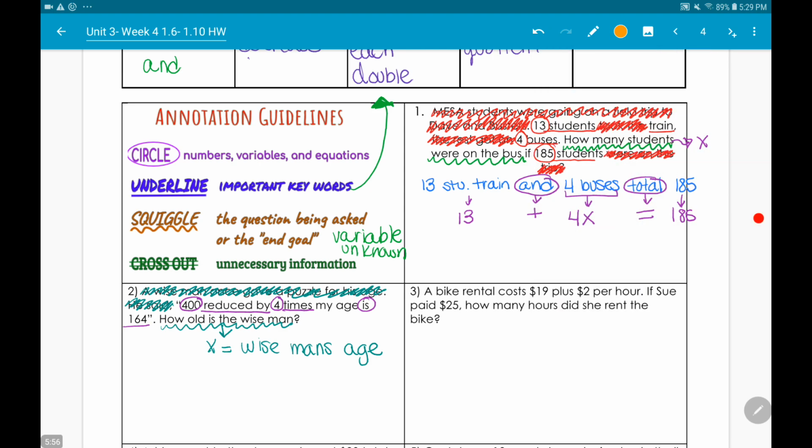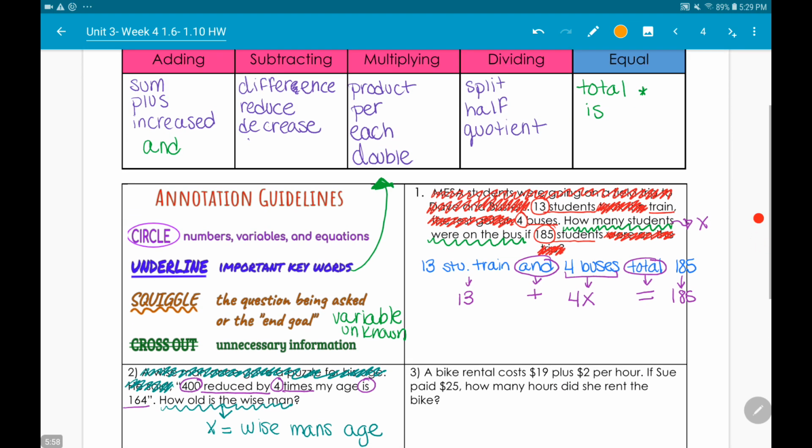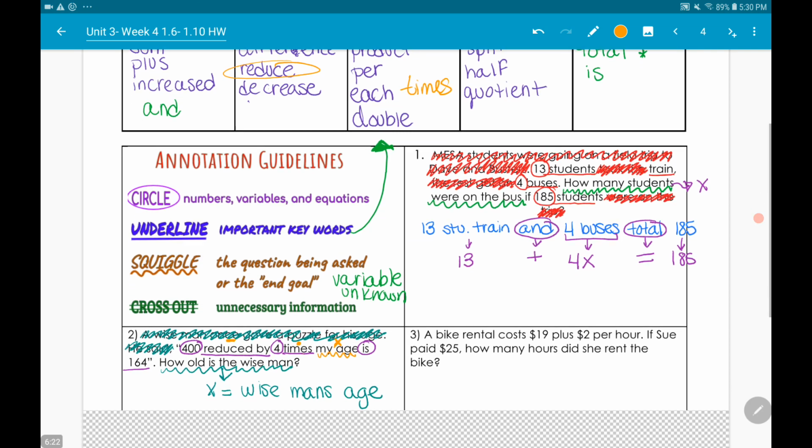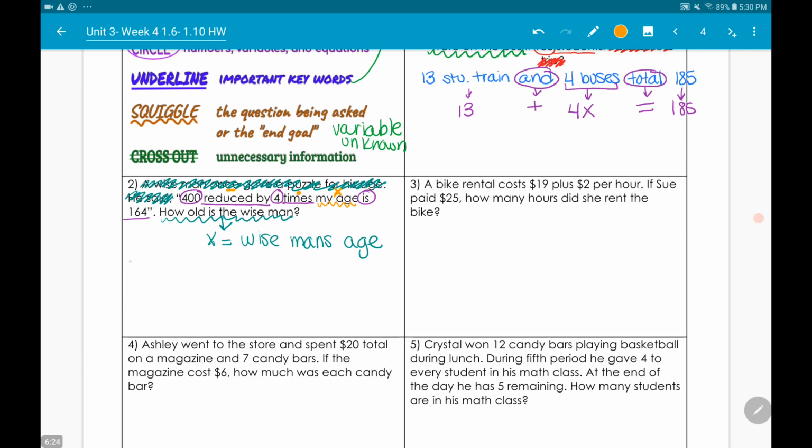All right, the word reduced, if I look back up here, what does reduce mean? Reduce means subtraction. Okay, 4 times the age. Times is actually not on here, but it means multiplication. And do we know his age? No, that's our x. Okay, so let's put this into a sentence.